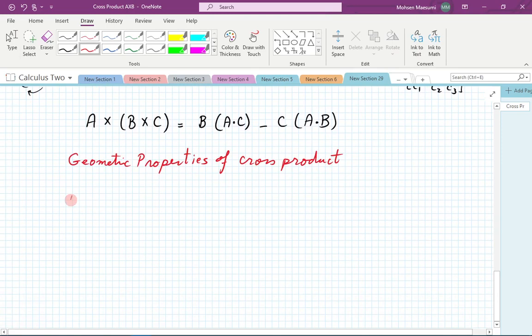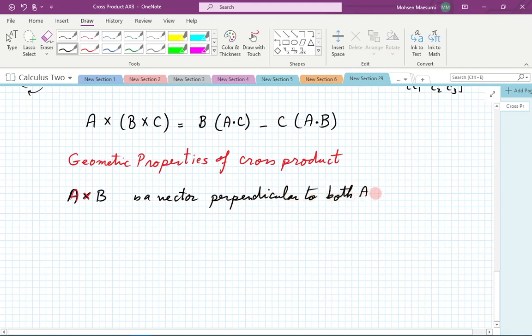First of all, A cross B is a vector that is perpendicular to both A and B.